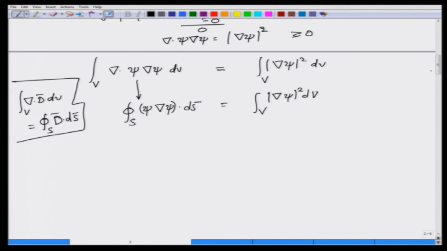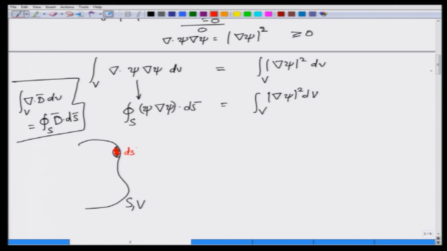Now, we come to an important part in this theorem. If you look at the left hand side, you have some surface area; I am not showing the entire surface. This is the surface that we were considering and the corresponding volume that this surface encloses. ds bar is a vector surface element. On this surface, consider this small patch as the differential surface element ds.